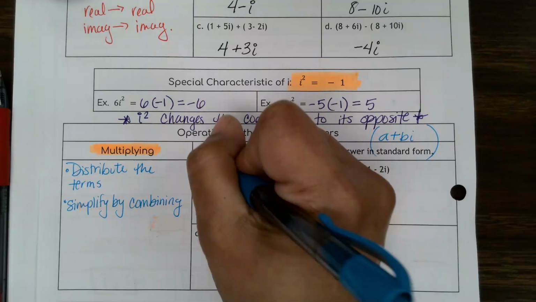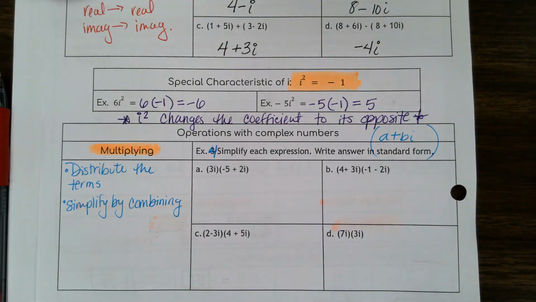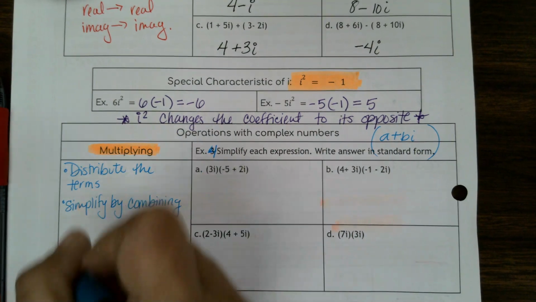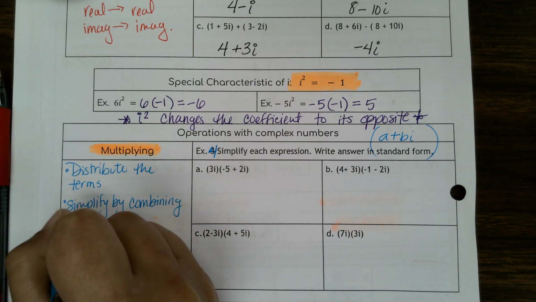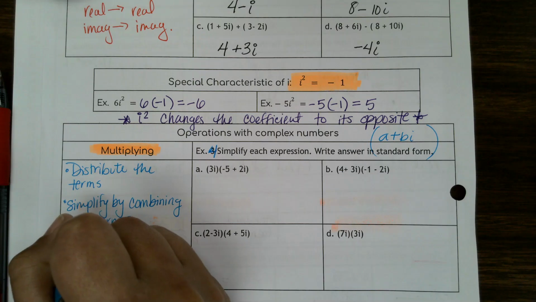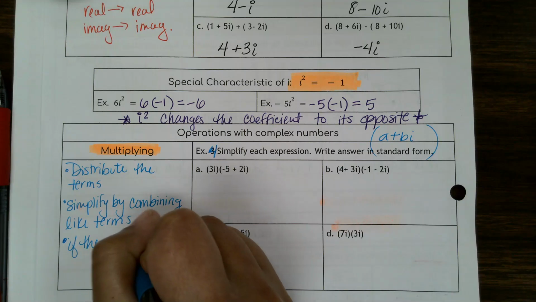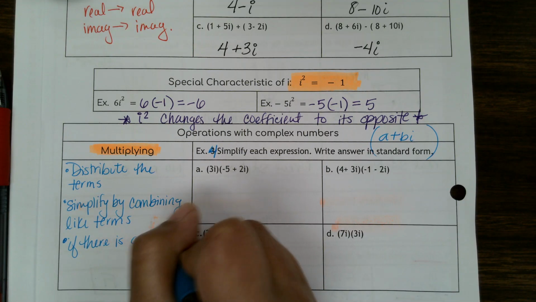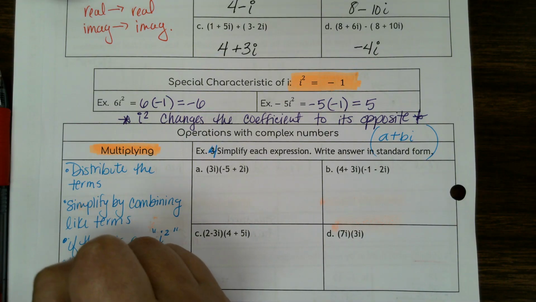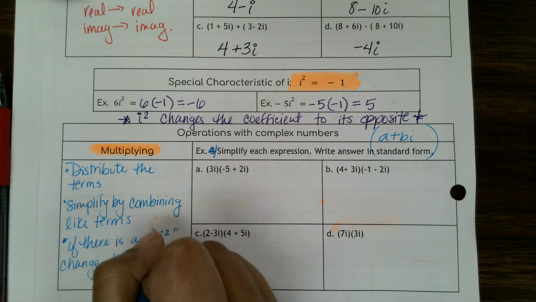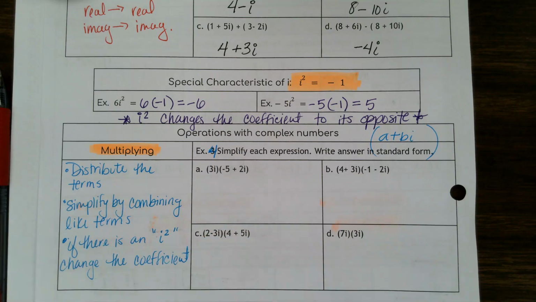Oh, and by the way, I just realized that this is example 4. Combining like terms. And then the most important thing is if there is an i squared, you are to change the coefficient. So in other words, it disappears.